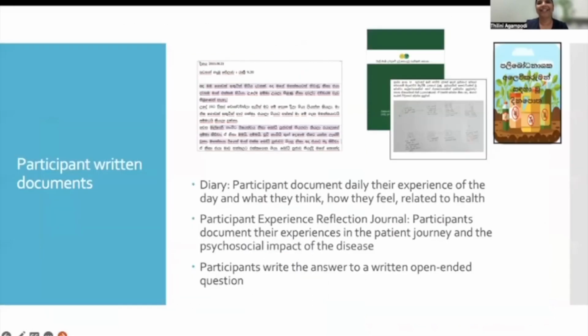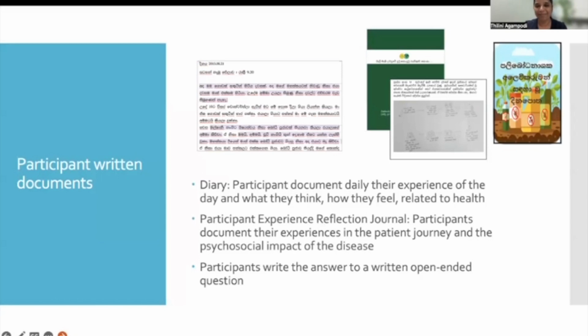So, the last data collection method we are going to talk about is analyzing the written documents of participants or patients, right? We are lucky as a country because the literacy levels of our people are very high.